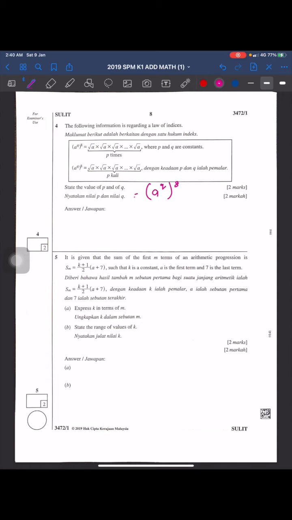Kalau kita tengok from the question, a kita sebenarnya adalah square root of a, di mana square root ni sebenarnya adalah power of half. So kita ada a power of 1 over 2. Lepas tu, yang bawah ni p times ni sebenarnya adalah kuasa yang ni lah, kuasa 8. So we know that q is equals to 1 over 2 and p is equals to 8. Itu sahaja.